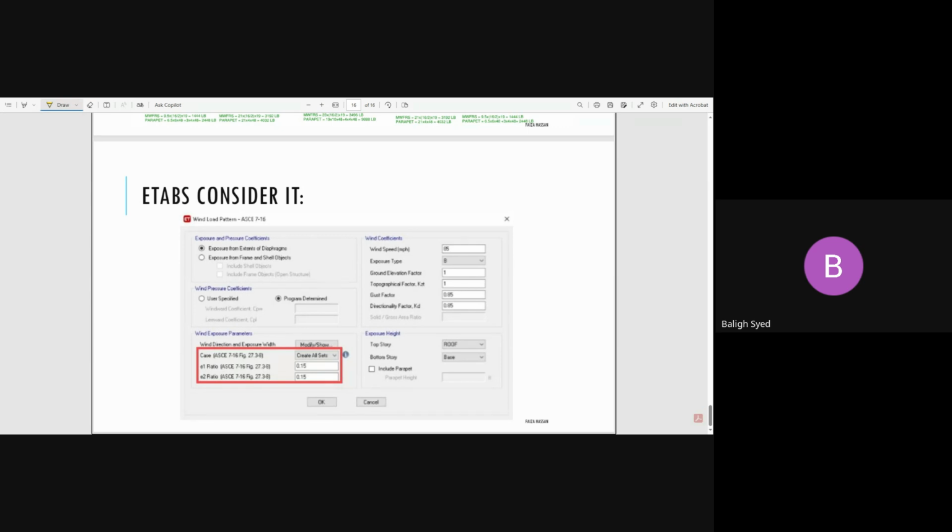This is very critical, and a general piece of advice to anyone listening to this session: whatever results you get from any software on this planet, you have to run the sanity checks by yourself. You have to run the hand calcs, so that you make sure whatever is coming is correct and accurate.